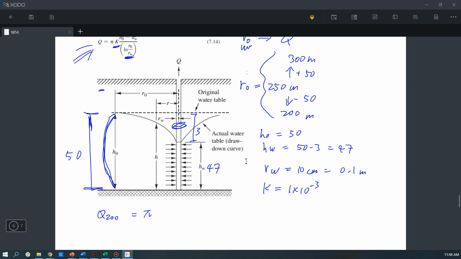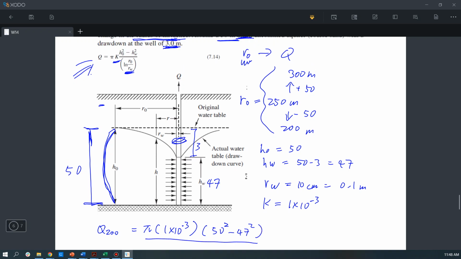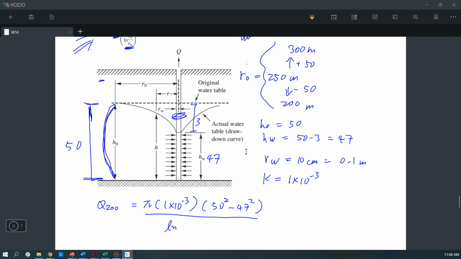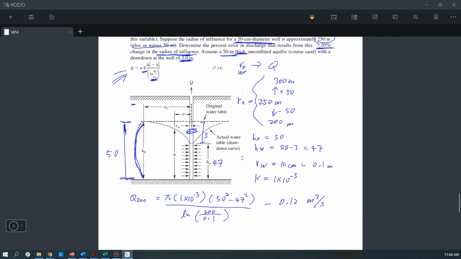Pi times 1 times 50 square minus 47 square divided by log, R naught is 200, RW is 0.1, and we can get this is 0.12 cubic meter per second. Okay, this equation.